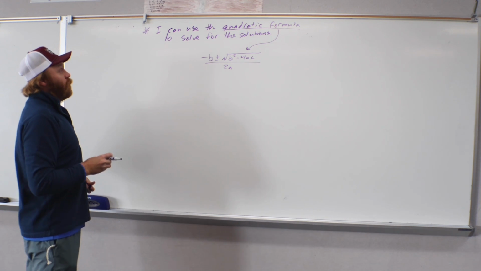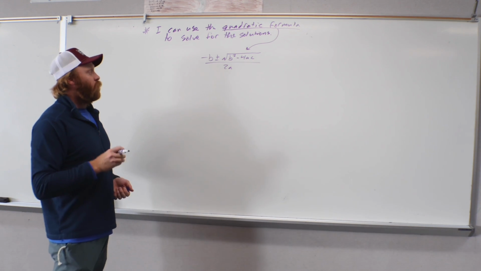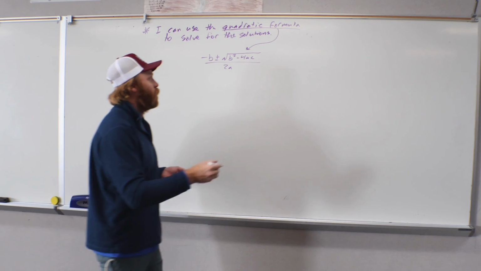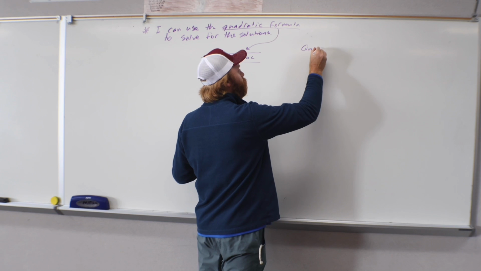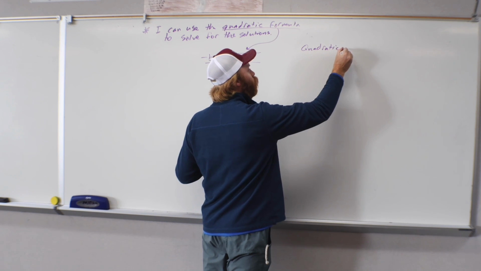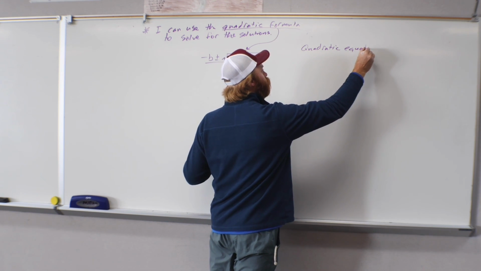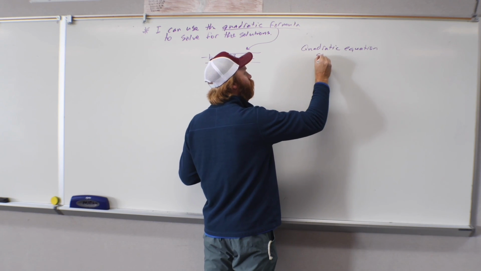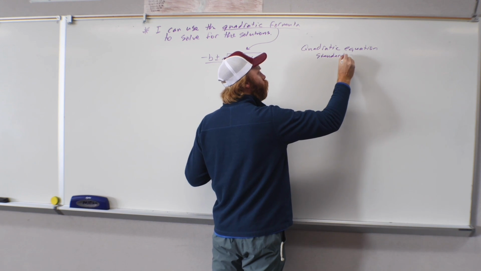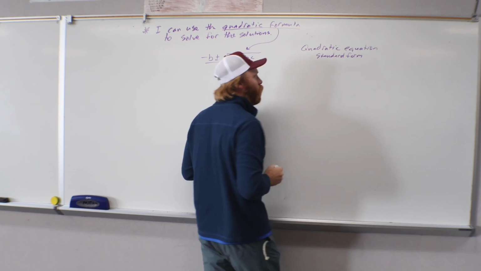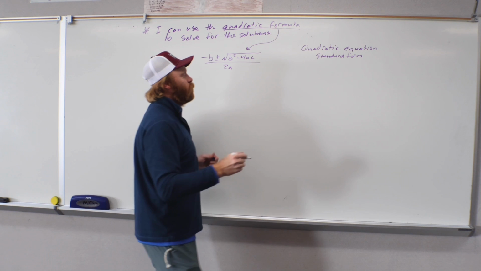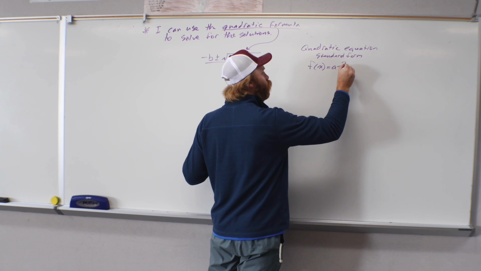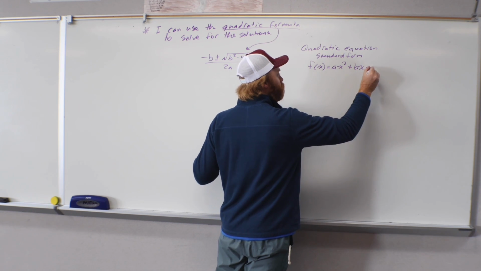Now that's different than the quadratic equation, or the standard form of a quadratic equation, that's going to look like this: f of x equals ax squared plus bx plus c.